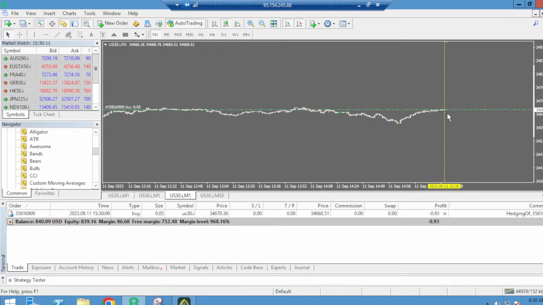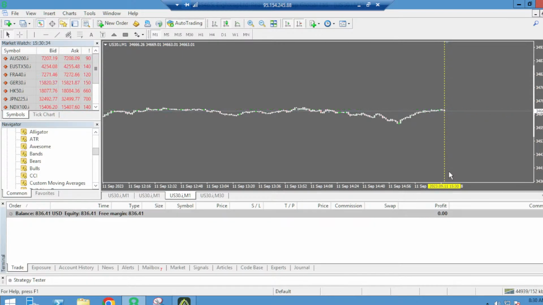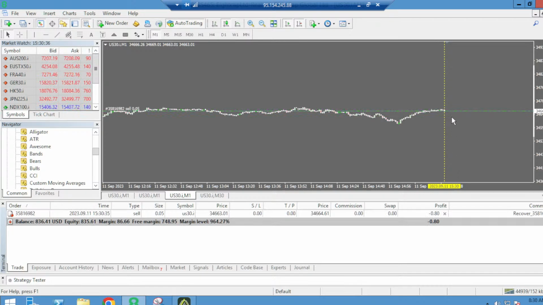Okay, so the price has now changed directions to the upside. Let's see if this continues to push up or if it goes back to the downside again. Okay, it's pushing back to the downside.